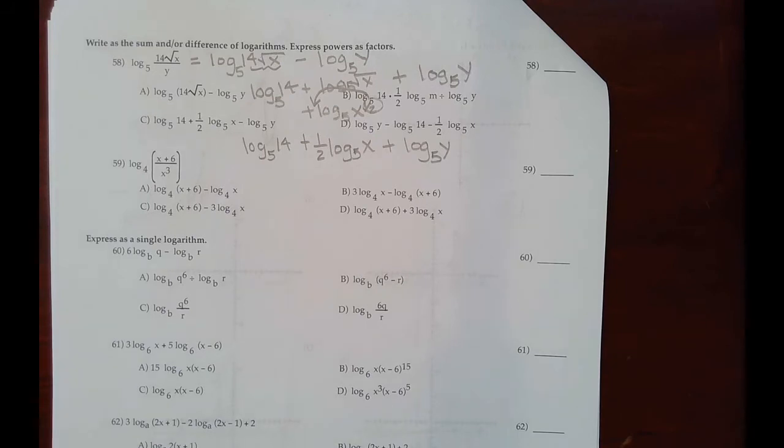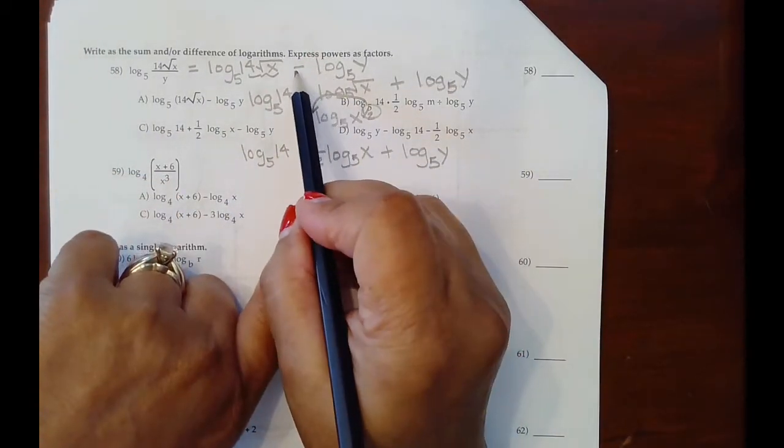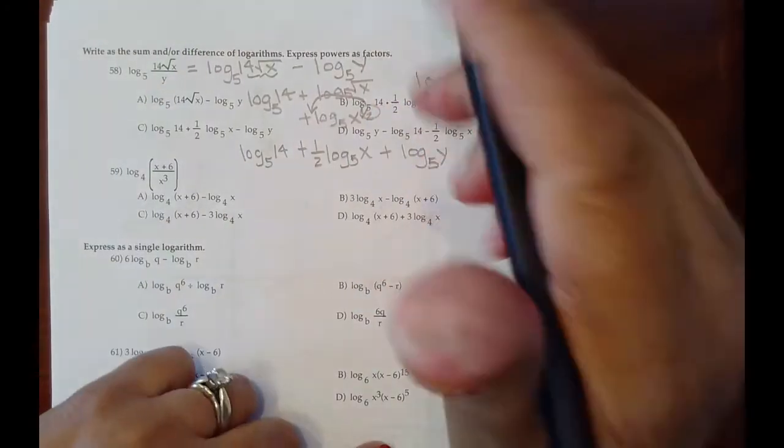So for 58, the choice that has that answer would be, let me check them out. Oops, I didn't copy this sign right. This was a minus in front of that term.